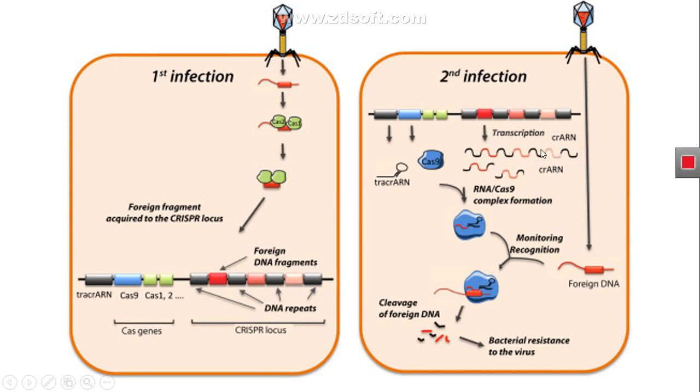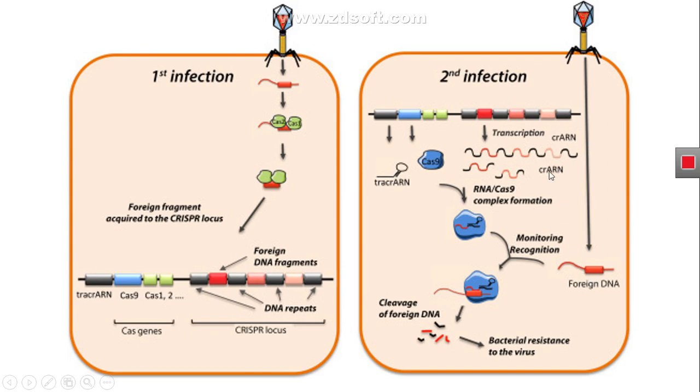meaning this CRISPR RNA has the information of the sequences that E. coli gained from this bacteriophage DNA. So what happens during the second infection, when the bacteriophage virus injects its DNA a second time into the E. coli host cell?